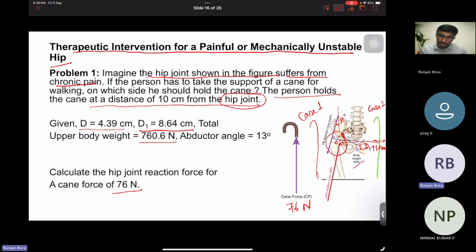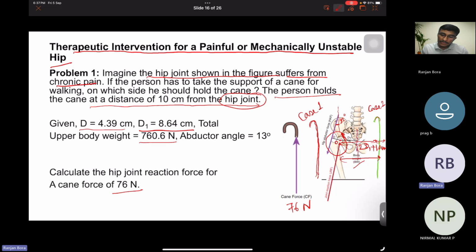And we have already done case one in which he holds his cane on the right side. And when he holds the cane on the left side, this distance we are calculating. D1 means from this central axis to the right hip joint, this distance is D1.